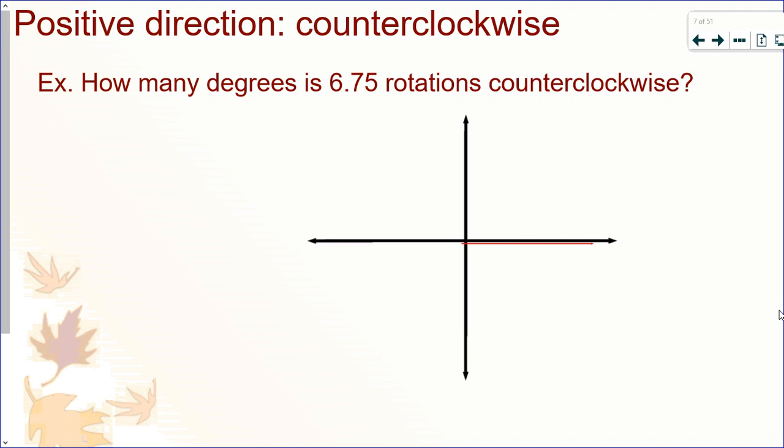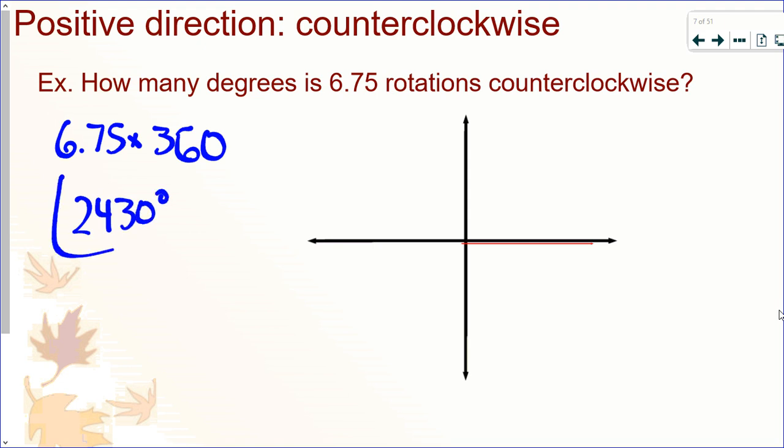So 6.75 rotations counterclockwise is going to be 6.75 times 360. So if I do the multiplication, 6.75 times 360, that's 2,430 degrees. But that's like way big.